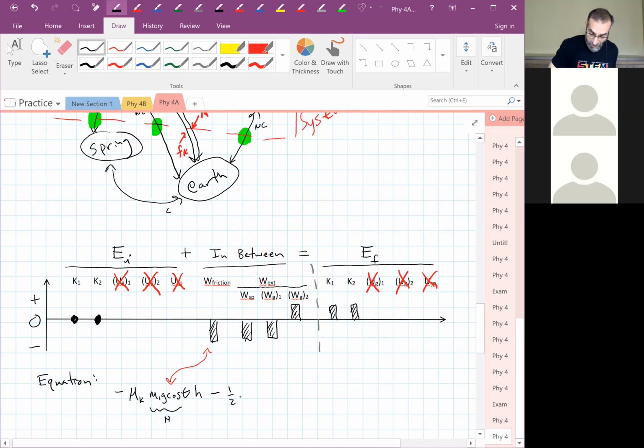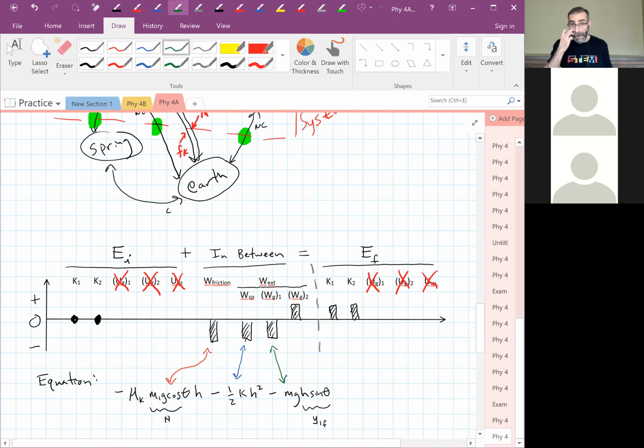What is that? 1/2 K H squared. Then I've got negative work done by gravity. That's mg h sine theta. Right, that's y1 final.